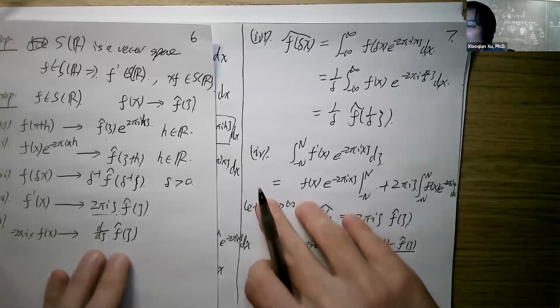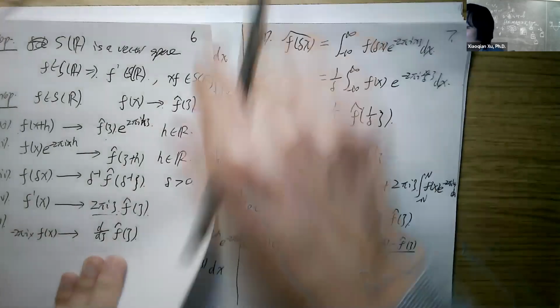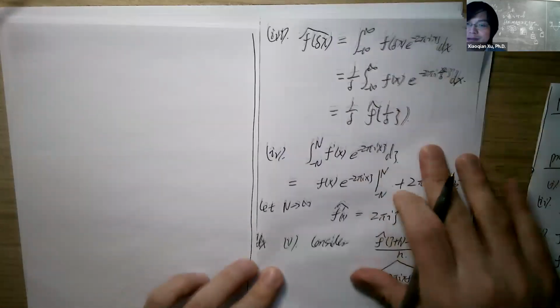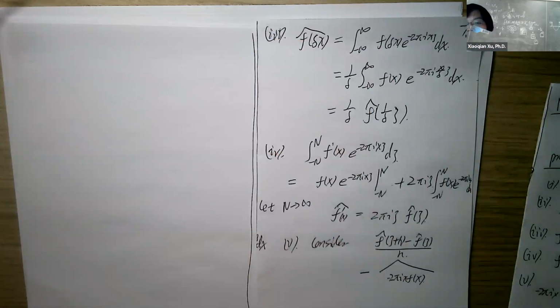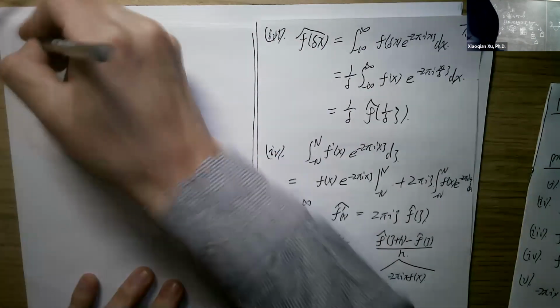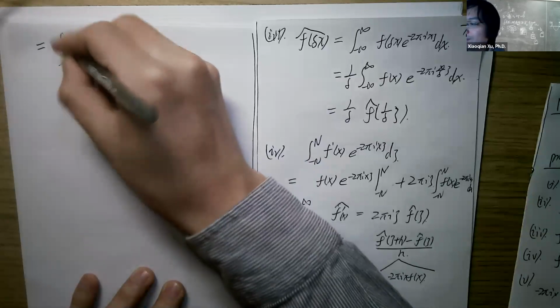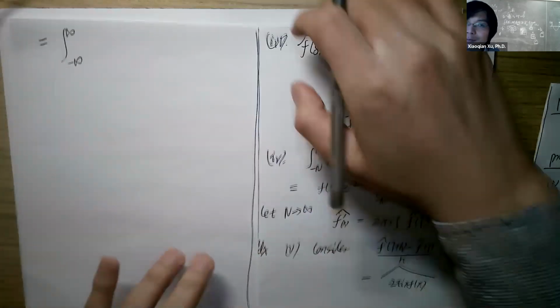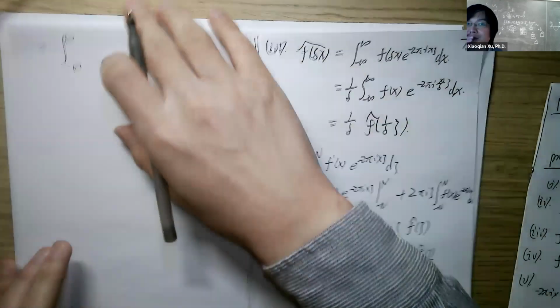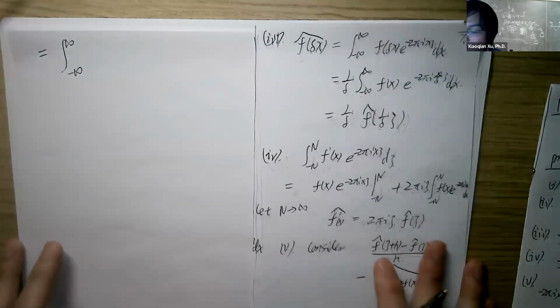Okay, so does it tend to 0? Yes, it does. Let's try to write it carefully and see what we can get. You take the integral from minus infinity to infinity. At this moment, we don't see why we cannot take this. Well, let's see.